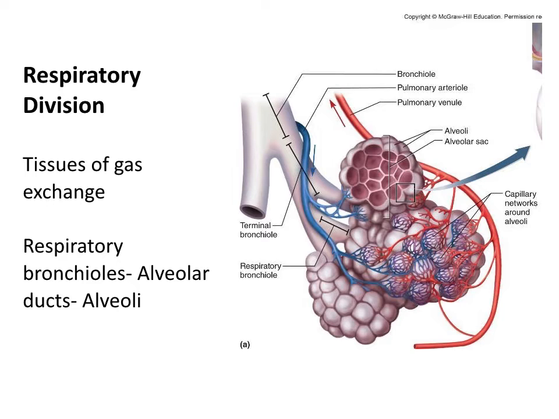Your other functional division is called the respiratory division, and as the name implies, these are your tissues for gas exchange. Now, the respiratory division begins at the end of a terminal bronchiole, because at the end of a terminal bronchiole, you have a structure called a respiratory bronchiole. And as the name implies, these bronchioles can actually do respiration.